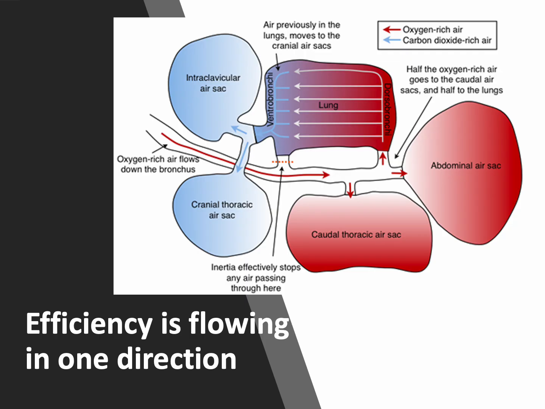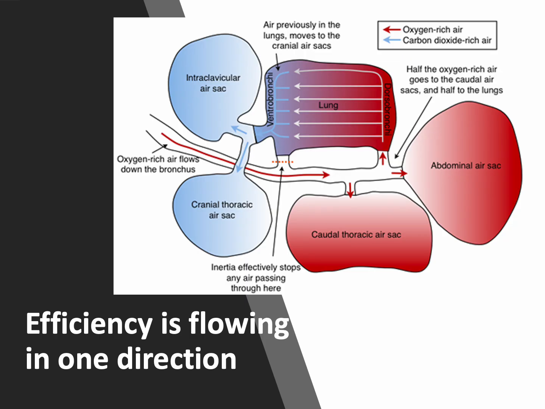That stuff is going to be depleted, deoxygenated air that has already had its oxygen extracted. It's shown here in blue, whereas the fresh air that's come in is shown in red. The oxygen-rich air doesn't have a lot of carbon dioxide. The blue air has a lot of carbon dioxide. On the next breath, that blue air is going to be expelled and fresh air is going to be brought back in.